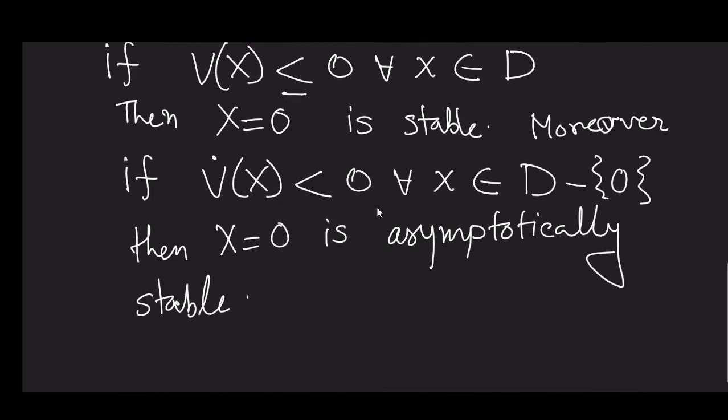If V dot x is less than or equal to 0 for all x belonging to D, then x equal to 0 is stable. Moreover, if V dot x, the time rate of change of V, is negative definite, then it is asymptotically stable, right?